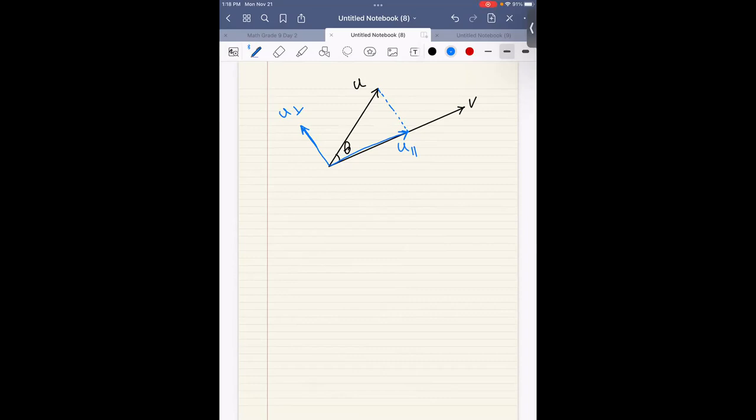So the u parallel is also known as the projection of u onto v. Sometimes we call this u parallel the vector projection of u onto v. You know the meaning of projection in English.